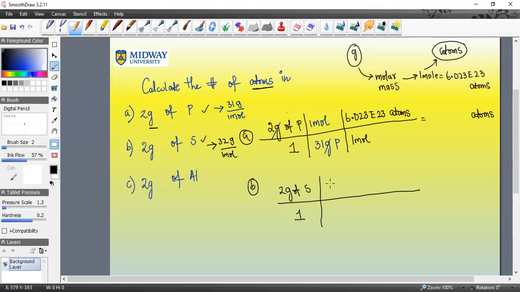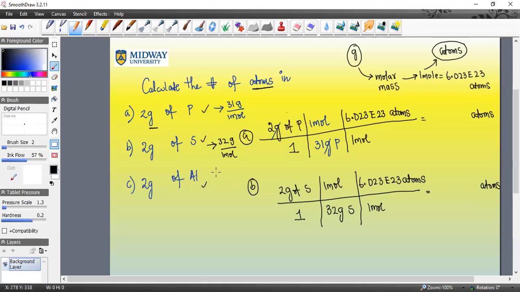And we have to go from grams to atoms, so we have to follow the sequence. So 1 mole of sulfur contains 32 grams of sulfur, and then a mole of sulfur contains 6.023 e to the 23 atoms, right? So that will also give us our answer in atoms.